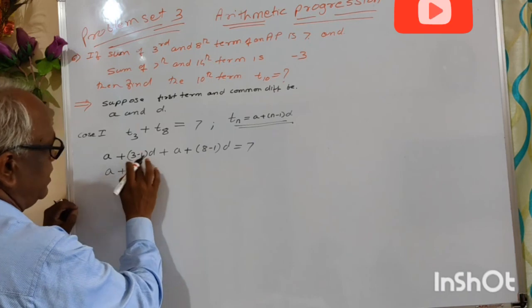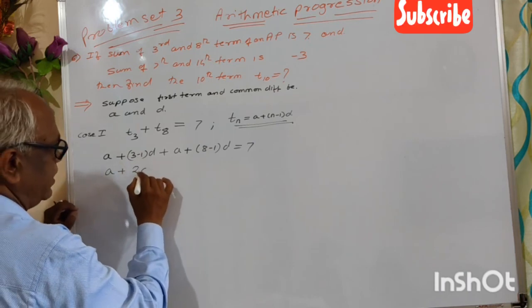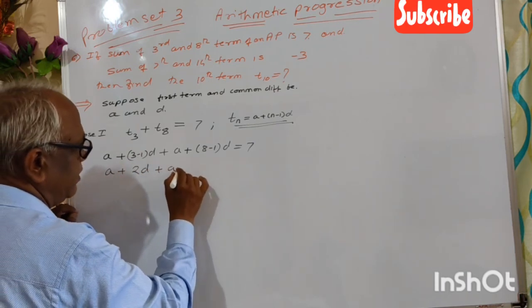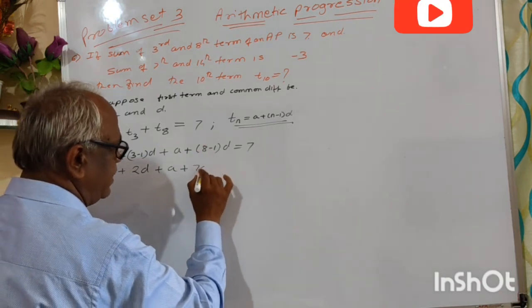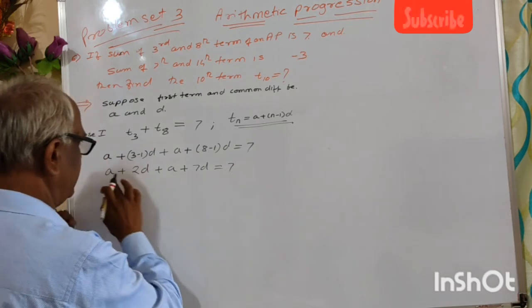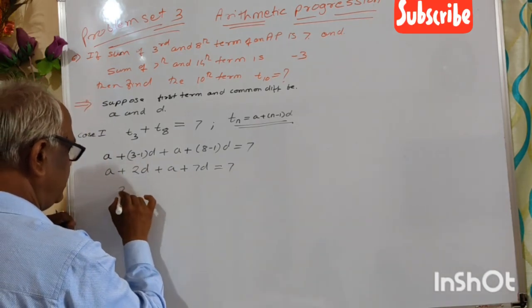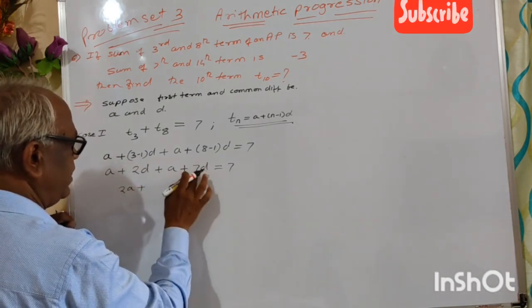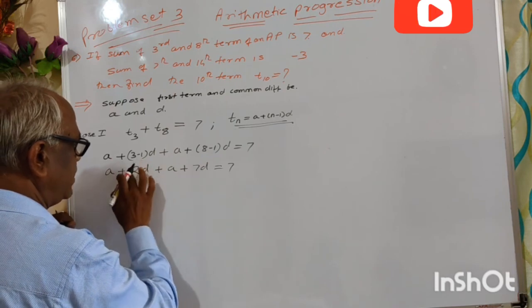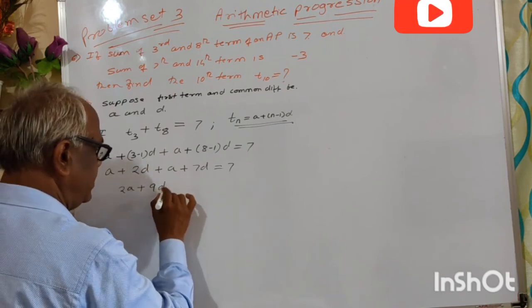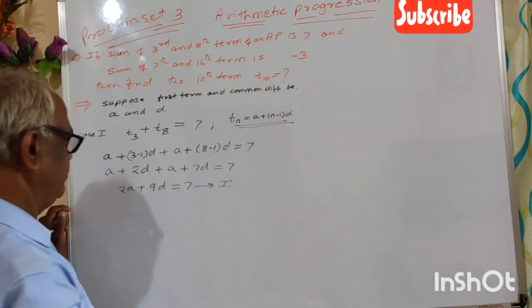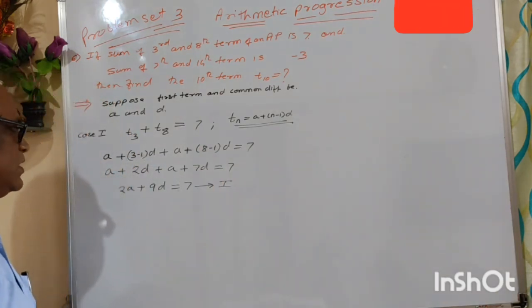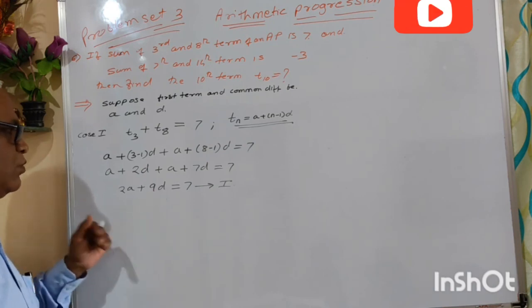A plus 3 minus 1, that is 2D, plus A plus 8 minus 1, that is 7D, which is equal to 7. A plus A, that is 2A, plus 7D plus 2D, that is 9D, is equal to 7. This is equation number 1. That is 2A plus 9D is equal to 7.